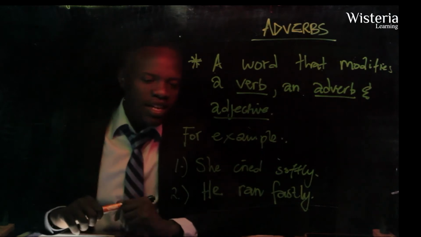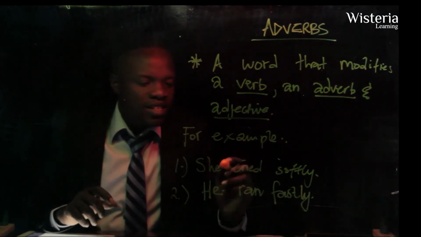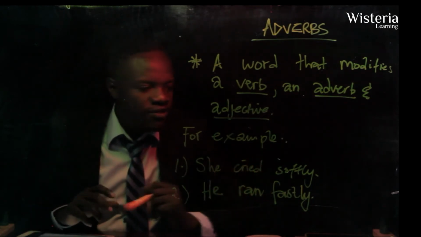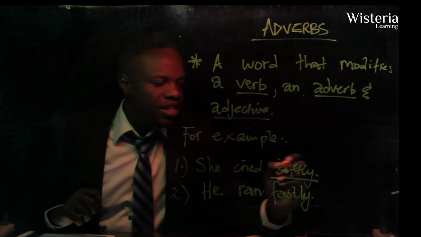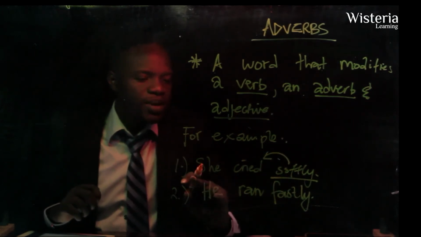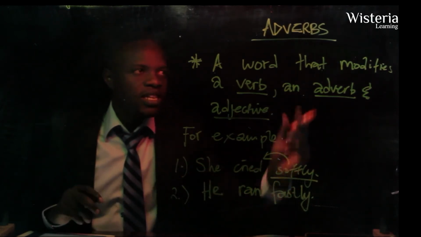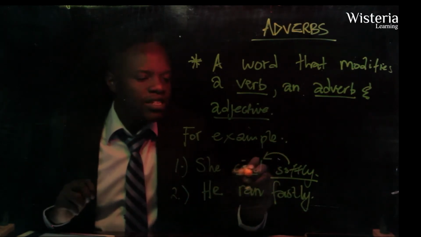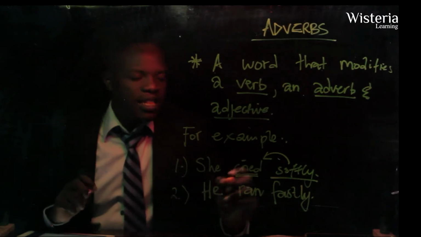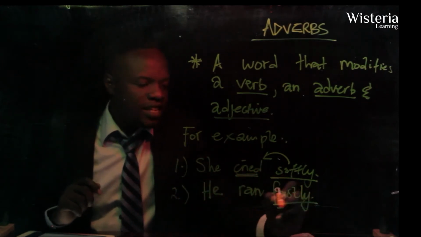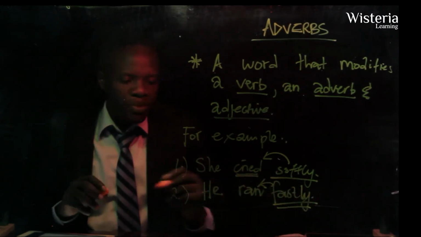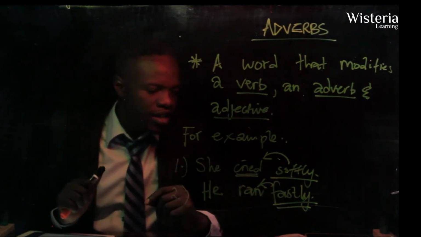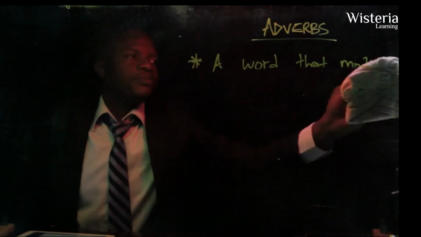So we can see in example number 1 that in this sentence there is she, the pronoun, there is cried, the verb, and softly in this case is telling us how this person cried. That makes softly the adverb that modifies the verb cried. The same applies to he ran fastly. So fastly is an adverb that is modifying the verb run.